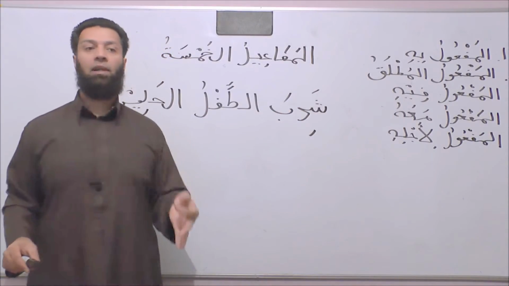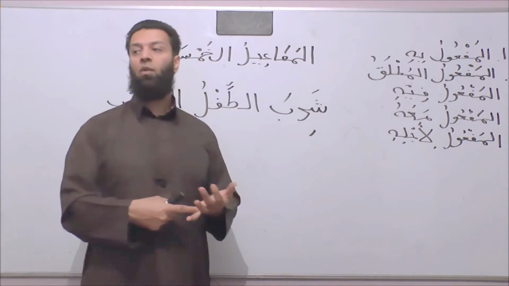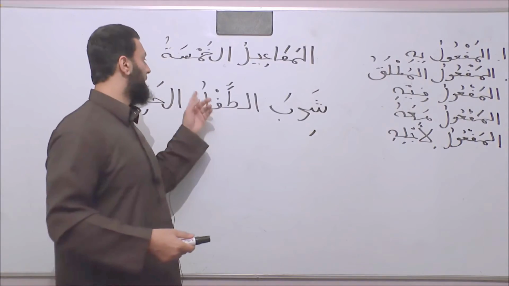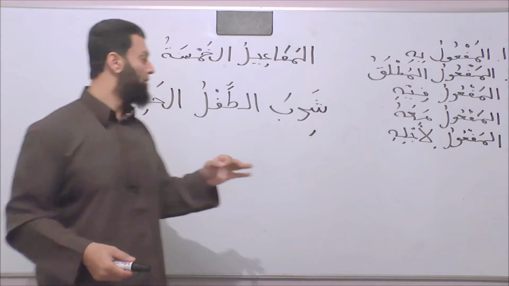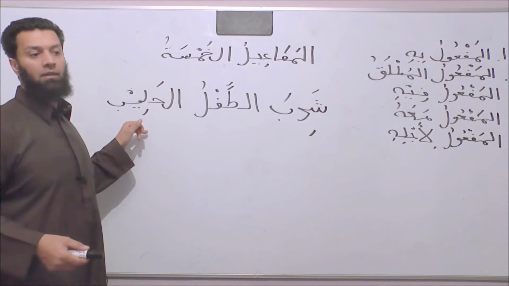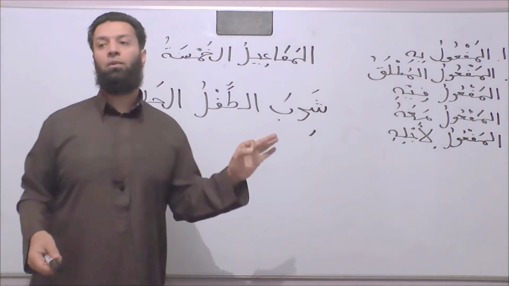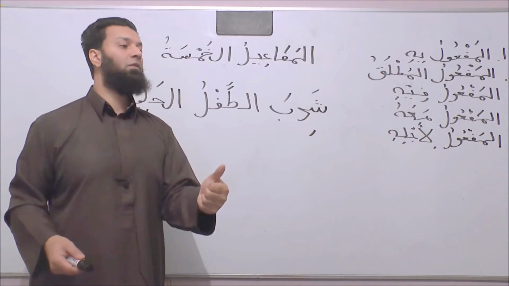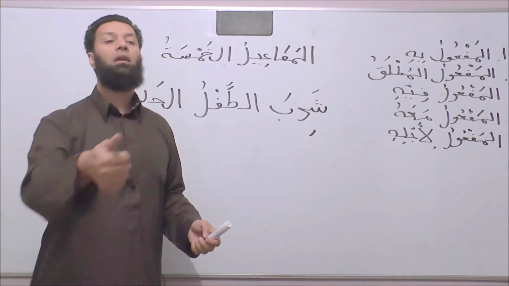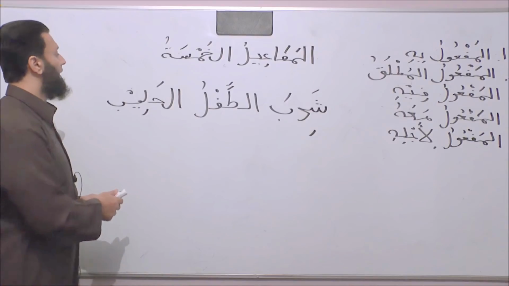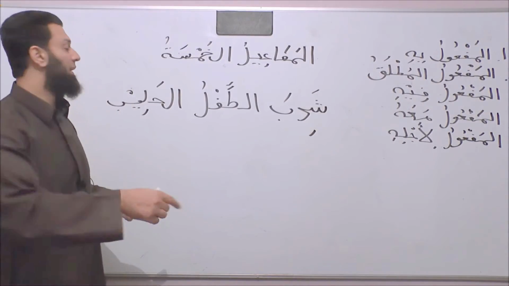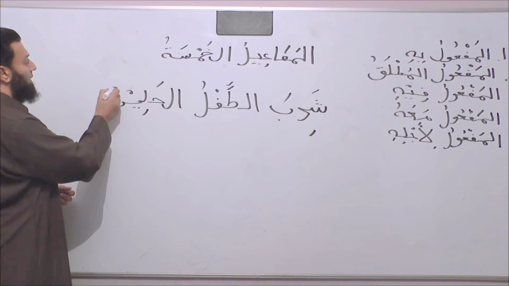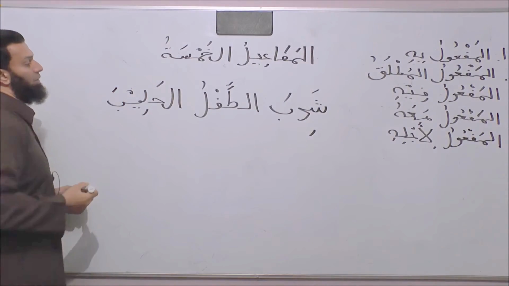At-tiflu is the fa'ilun marfu'un وعلامة رفعه الضمة الظاهرة على آخره. Al-halib is al-maf'ulu bihi. So we know it's al-maf'ulu bihi, therefore it must be mansubun. And وعلامة نصبه الفتحة الظاهرة على آخره.